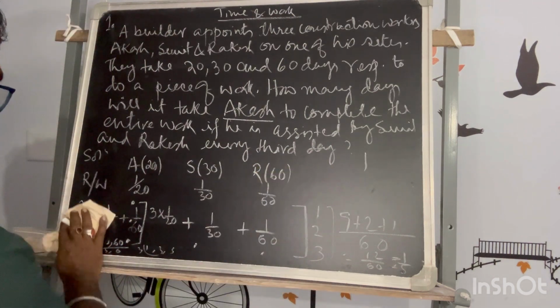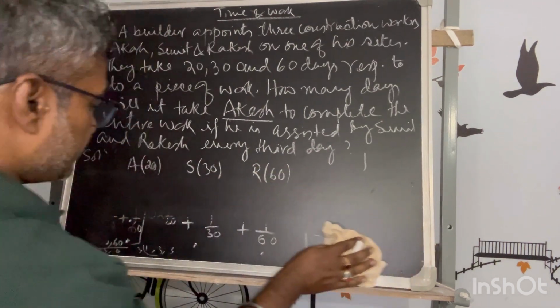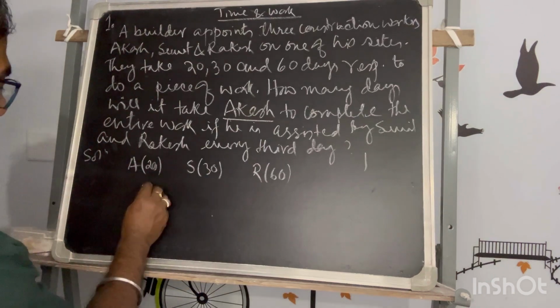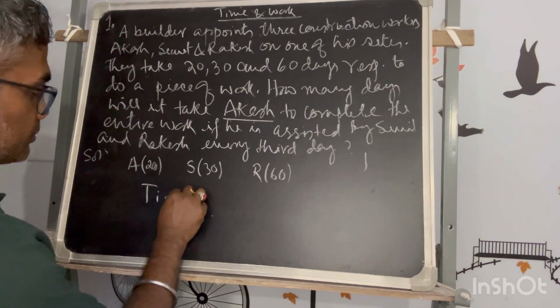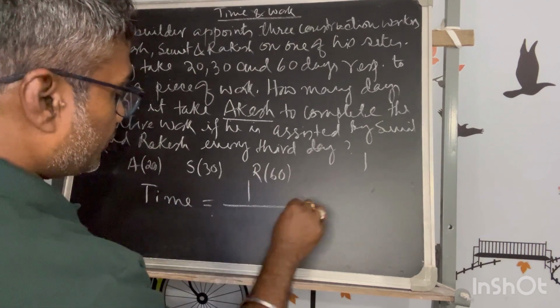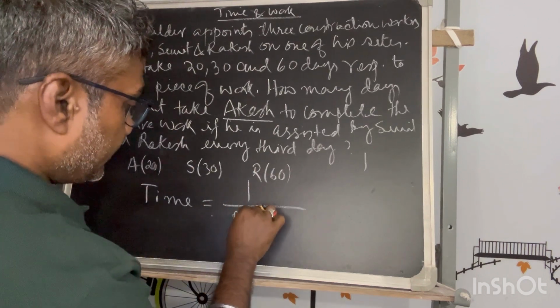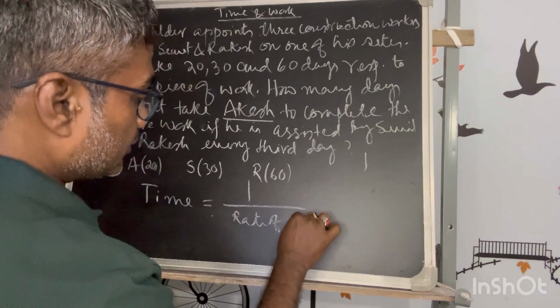So what is the time formula? Time is 1 upon the rate of work.